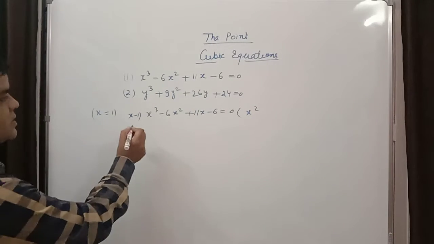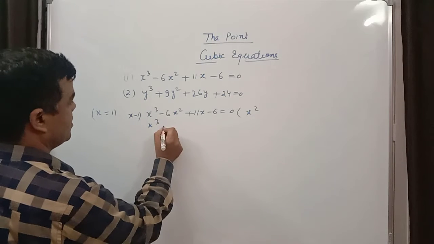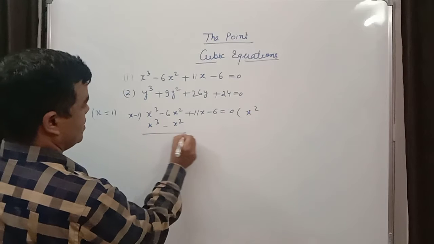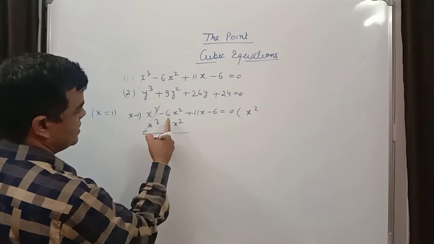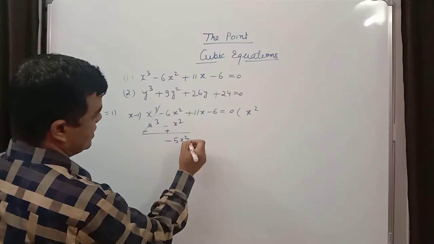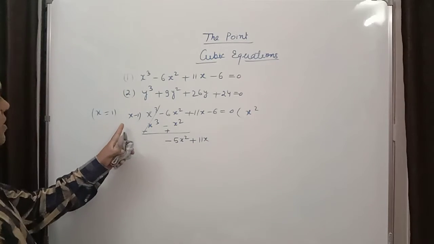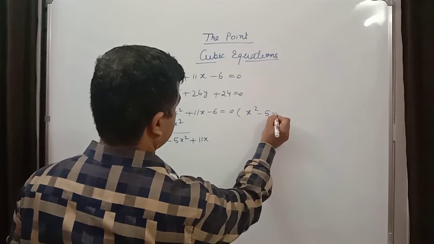You have to eliminate this term. Then x square, x cube multiply minus x square, minus plus, this will be cancelled. Here minus 5x square, then take out this term plus 11x. Again here you do minus 5x.